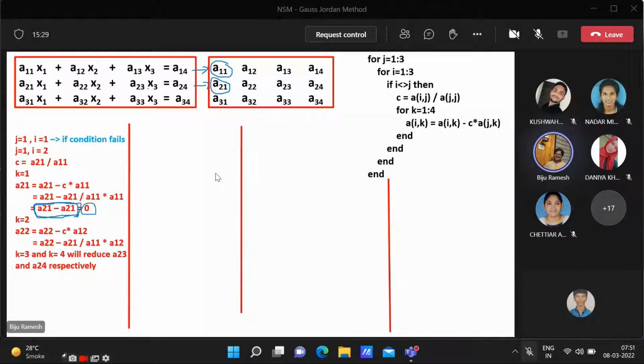Ma'am, in theory, we will make the diagonal elements 1, and by that we will make the other elements 0. Okay, then how will you get the value of x1, x2, x3?